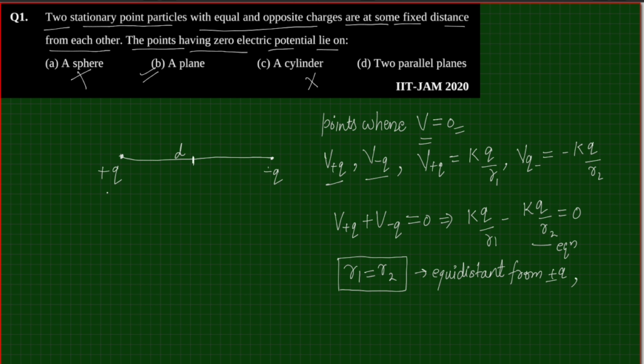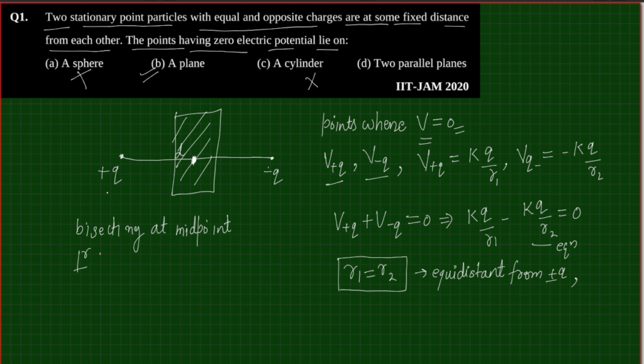Let's say this is the plane, and it is bisecting this axis at the midpoint and perpendicular to the dipole axis.